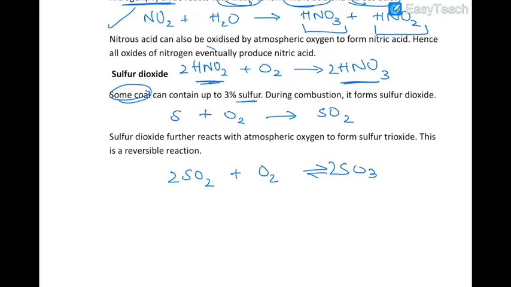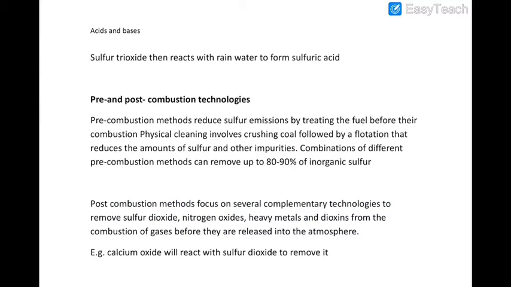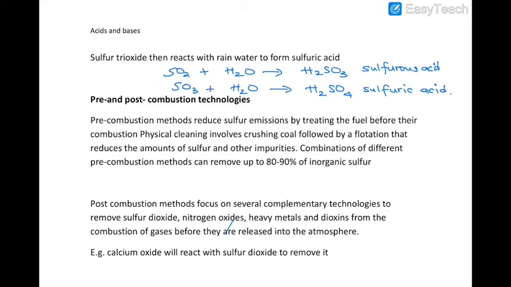Both sulfur dioxide and sulfur trioxide are pollutants, so they will dissolve in rainwater to form sulfurous acid with sulfur dioxide and sulfuric acid with sulfur trioxide.